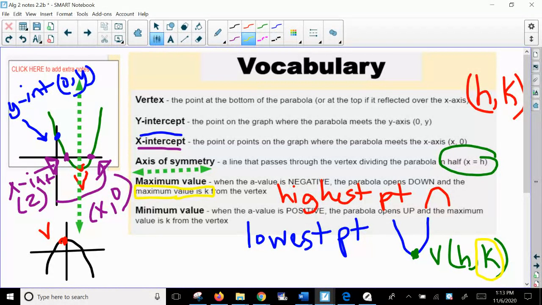So maximum value is the highest point. When your parabola is upside down, your vertex is at the top, which is your highest point. You still need H and K. K would be what the max value is.